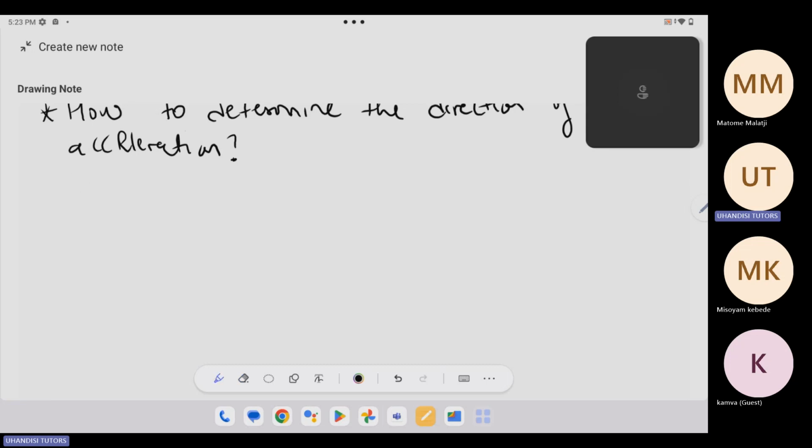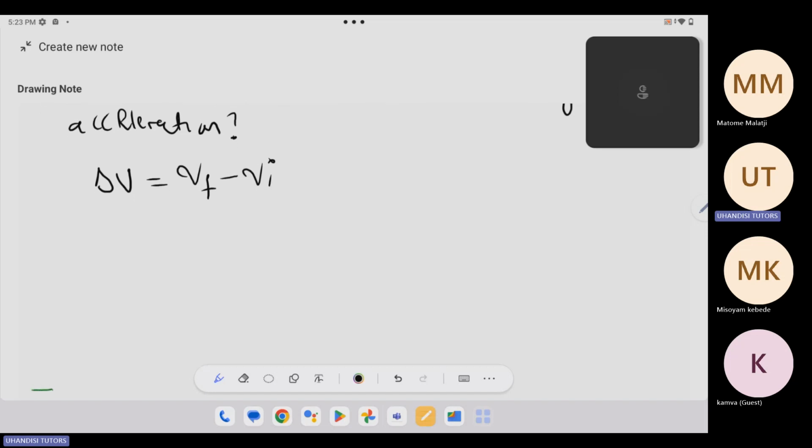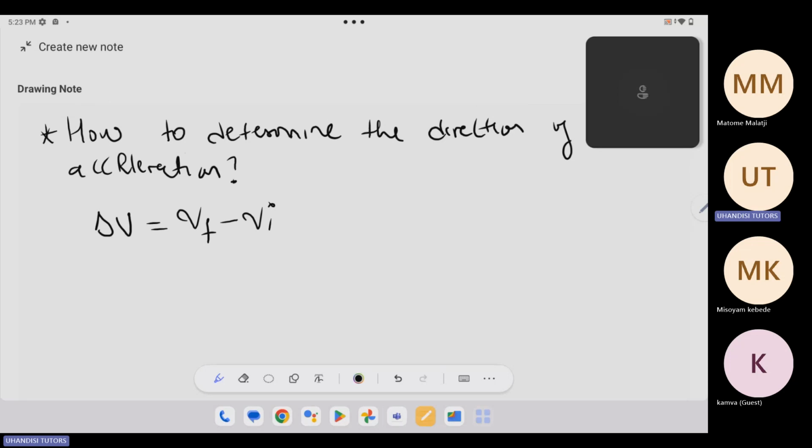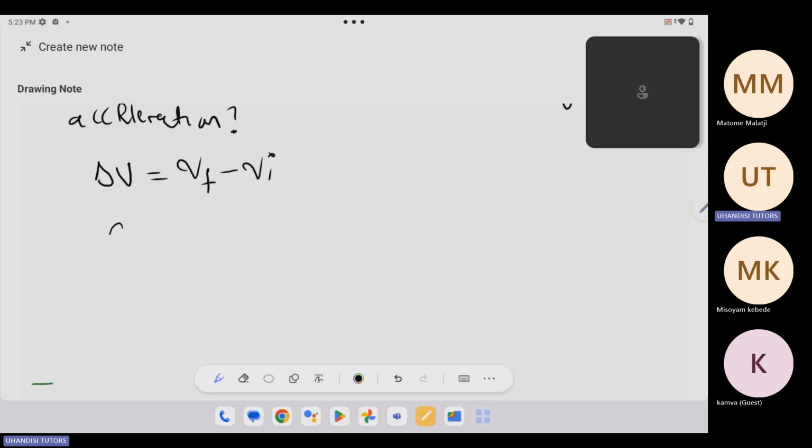What you need to understand is that your change in velocity, which is just the difference between the final velocity and the initial velocity, and the acceleration are always pointed in the same direction. That's what you need to understand. So how do we then determine the direction of the acceleration? The acceleration vector and the change in the velocity vector always point in the same direction.